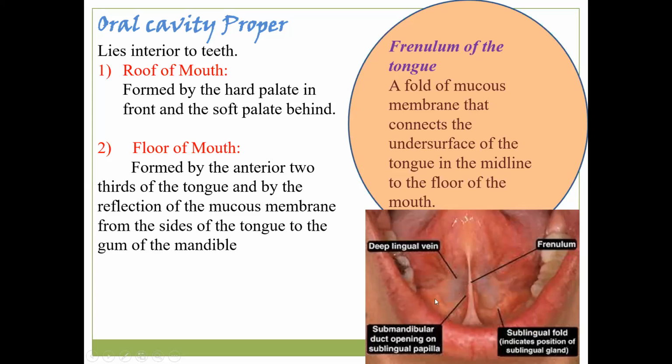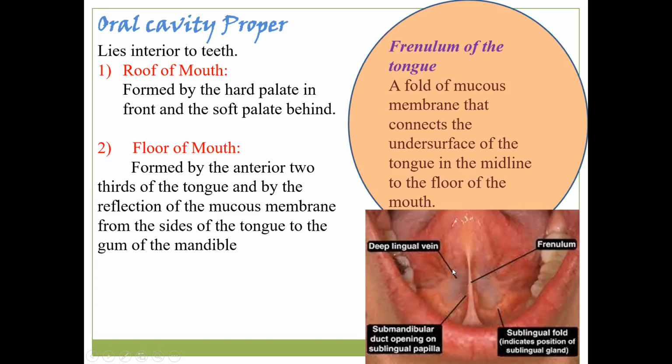And here you can see a small swelling on either side of the frenulum, which indicates the position of the sublingual gland. It is called the sublingual fold. On either side of the frenulum, you can also see the place of the submandibular duct opening.